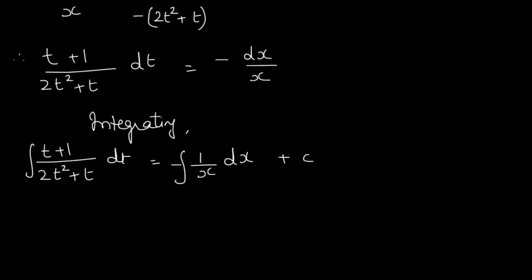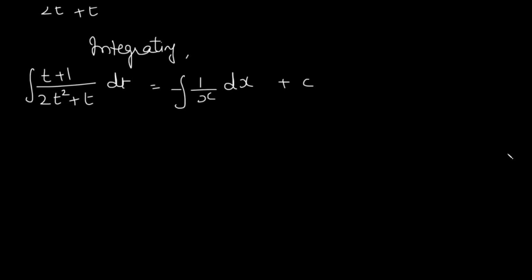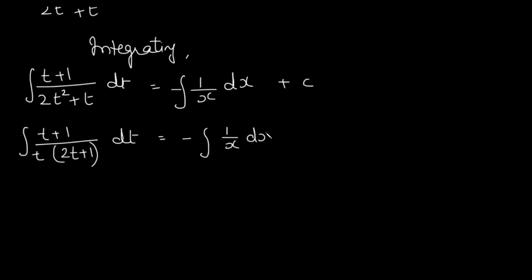Well, in the LHS we do it this way, that is we write this as integral t plus 1 upon, now we take t common over here, t into twice of t plus 1 dt is equal to minus integral 1 upon x dx plus c.